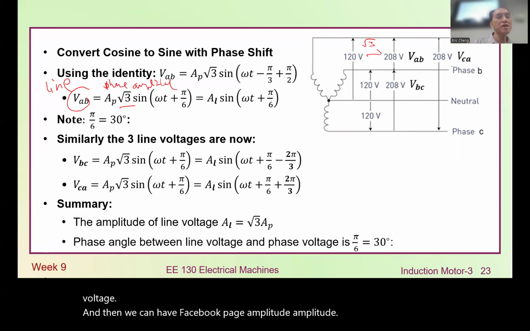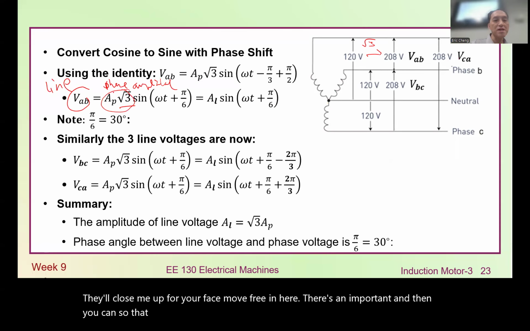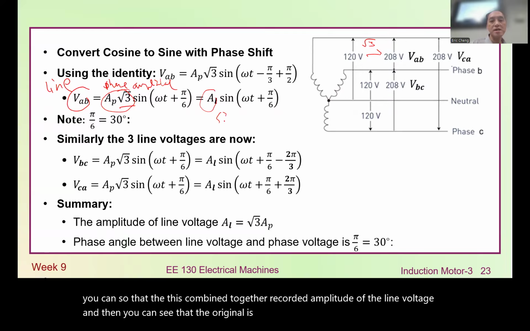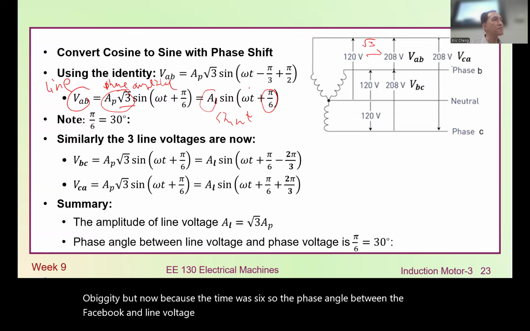Of course, we have 3-phase, with root-3 in here, that's important. Combined together, we call that the amplitude of the line voltage. The original is only sine omega t, but now we have a pi over 6, so the phase angle between the phase voltage and line voltage has a pi over 6 relationship.